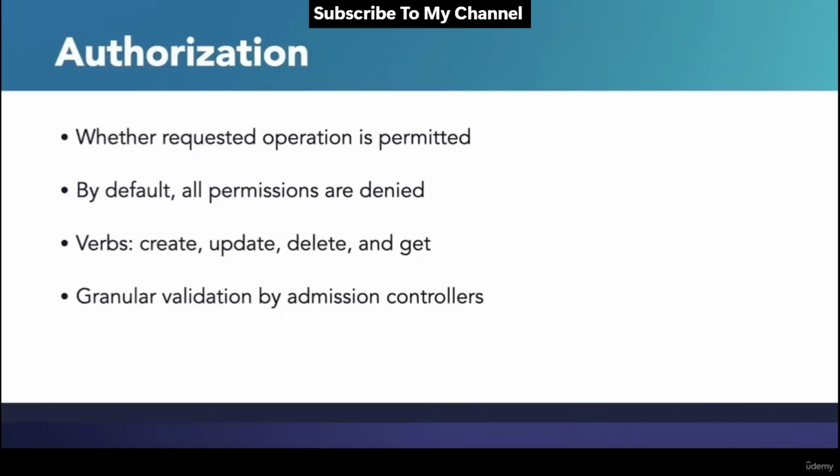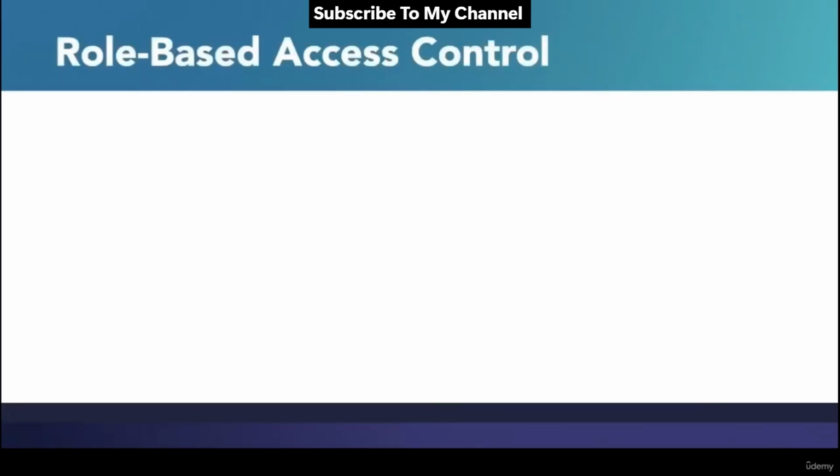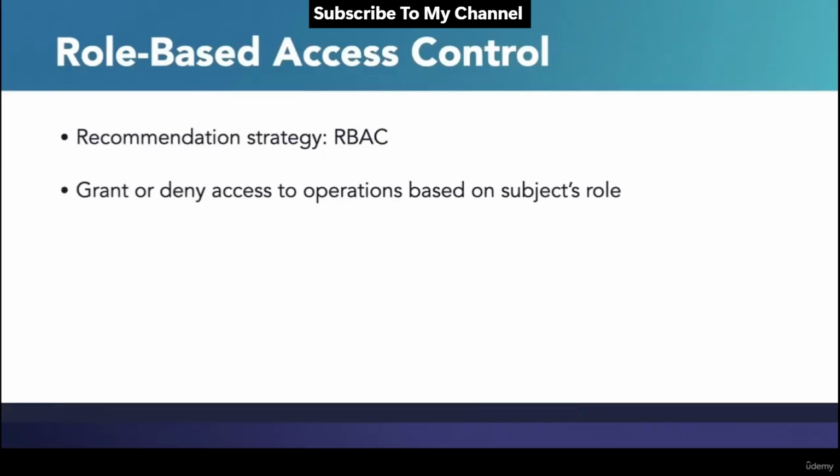Kubernetes authorization supports multiple strategies, but the role-based access control, or RBAC, is the most common and recommended strategy. Generally speaking, role-based access control strategy grants or denies access to specific operations to subjects based on their assigned roles. For example, using kubectl command, a subject has the option of submitting any action to the API server, such as get, update, and delete.